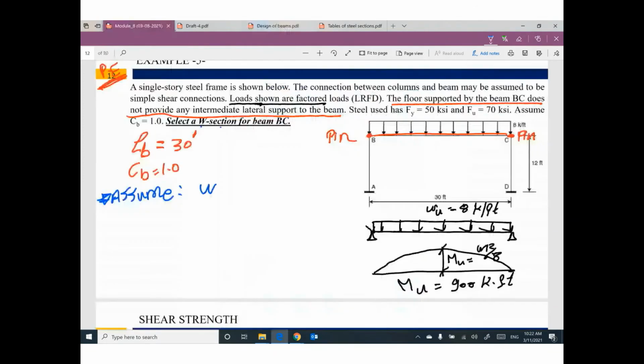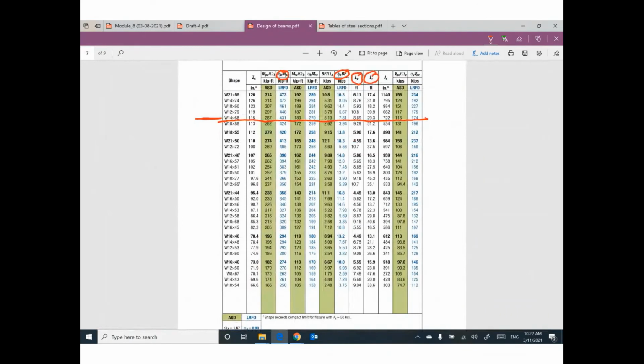Be careful. What is the value of M ultimate? 900. So do you think this one W14 times 68 will be good? No. Why? Because the value of phi M plastic is 400 only, 431.